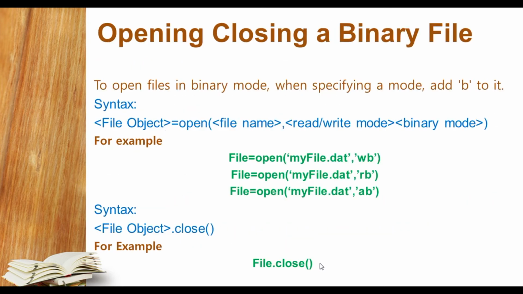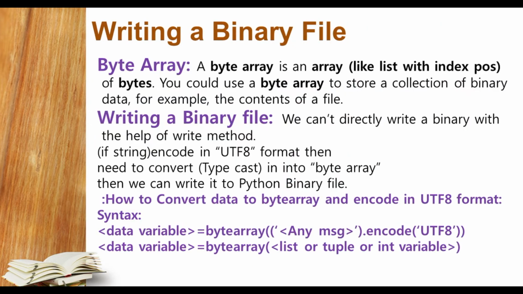Now we need to understand how to write a binary file. First of all, for binary file reading and writing purposes, we need to understand what is a byte array. A byte array is an array, like a list with index positions, where every character is stored at an index position. Just as a string is a collection of characters, a byte array is a collection of bytes, and byte means 0, 1 symbols.